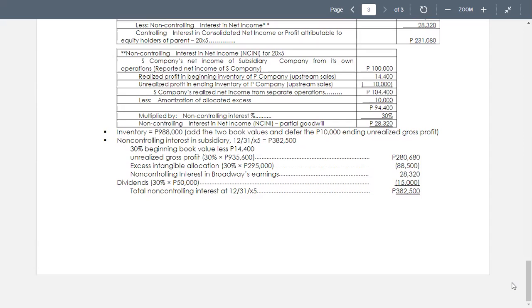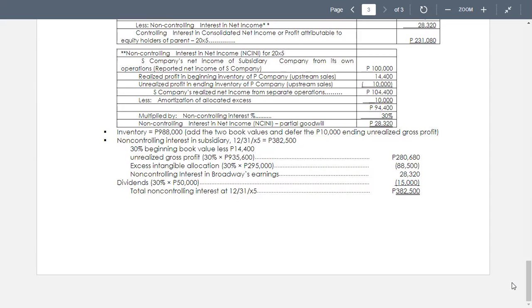Sales, 800,000 and 600,000. Investment income not given, cost of goods sold 400 and 300, operating expenses 180 and 250. Now take note, the parent is PT and the subsidiary is SS. PT acquired 70% of SS in January 20X4.